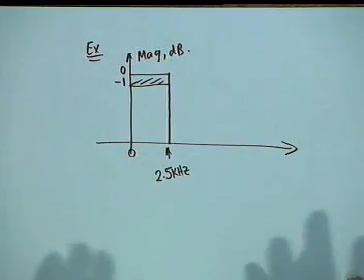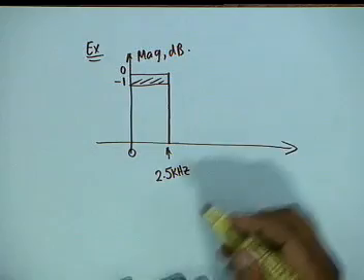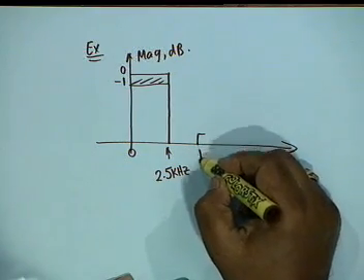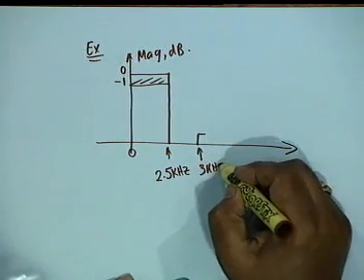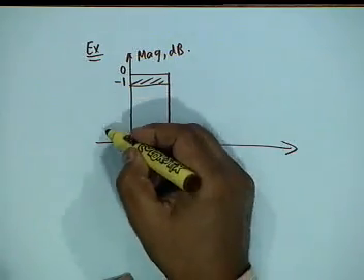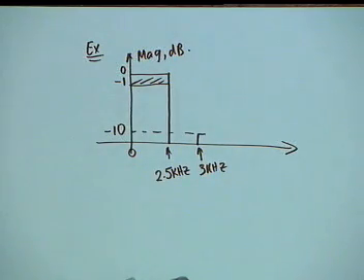This is the actual digital filter spec. And beyond 3 kilohertz, the magnitude response must be down by at least 10 dB.